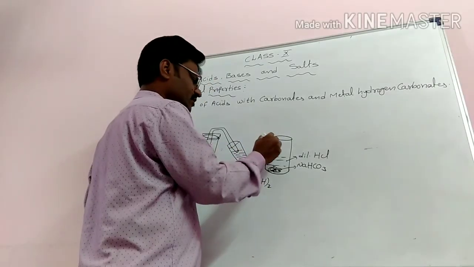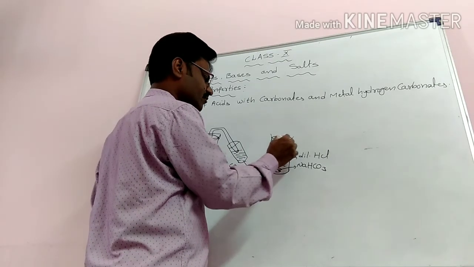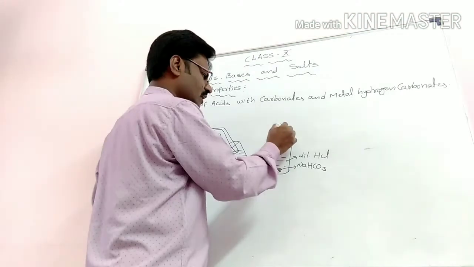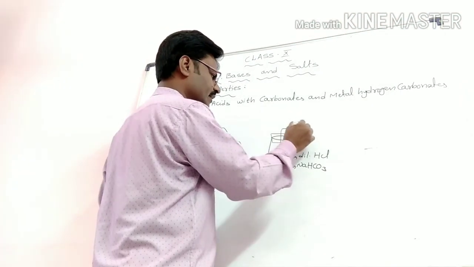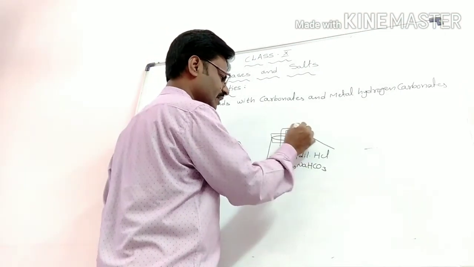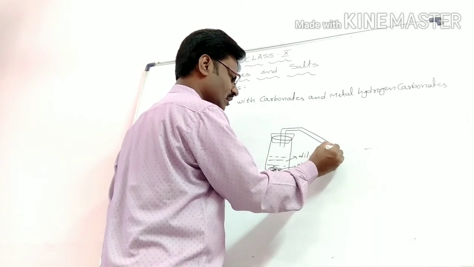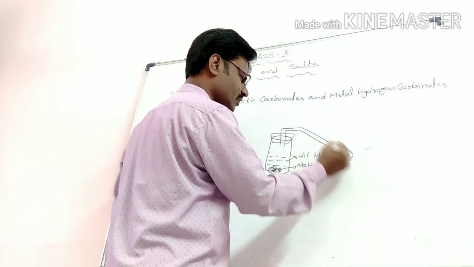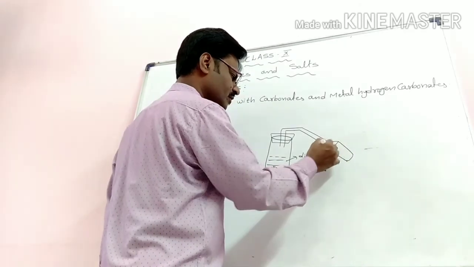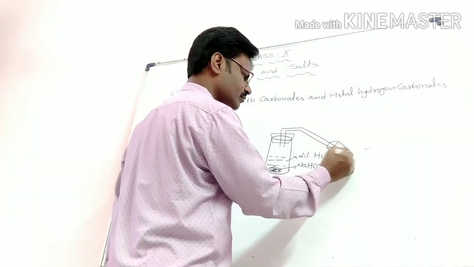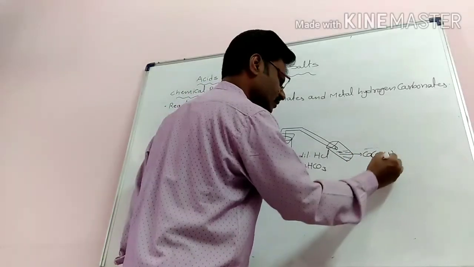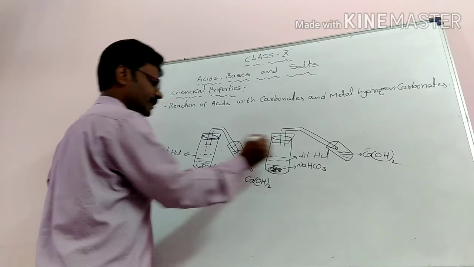In the second test tube also we close with the lid, and we fix one delivery tube. And the second end of the delivery tube we introduce into another test tube which consists of slake lime, calcium hydroxide.